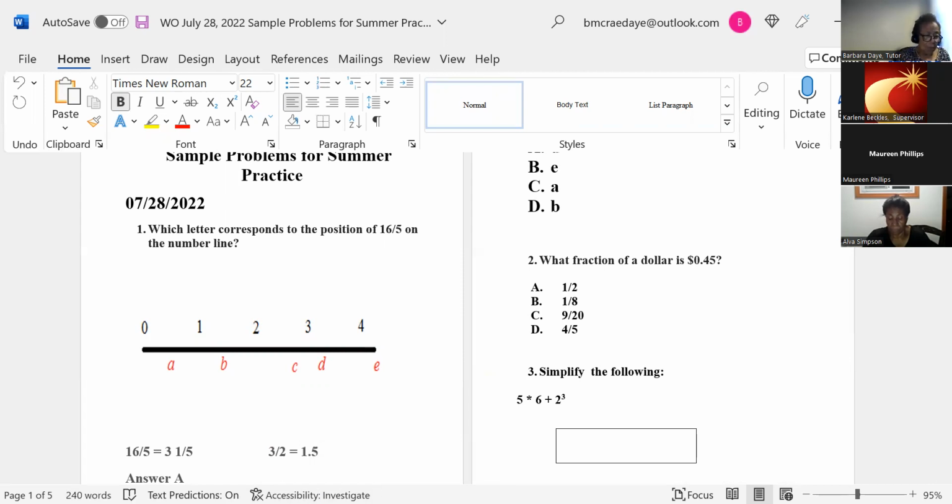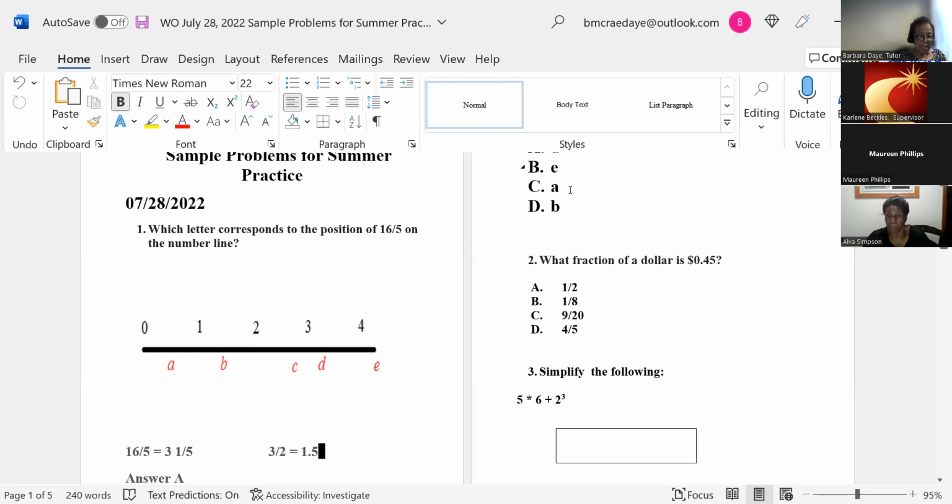So 1.5 is between which two numbers on the number line? A and B. I said numbers, Maureen. 1 and 2. Now, what letter is below 1 and 2? B. So the answer would be what?